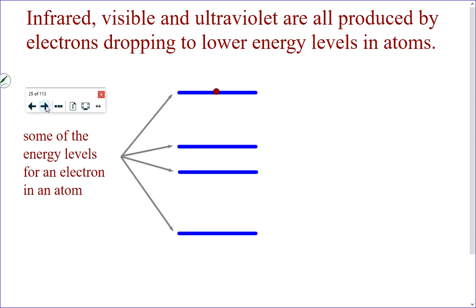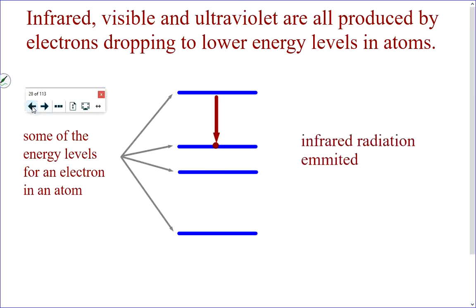If the electron's here, if it's going to produce visible light, it has to lose more energy. So it might fall 2 levels to produce visible light. Now be careful here. This is just a model. It could be that in a particular atom, this is still infrared, and maybe it has to fall even further to produce visible light.